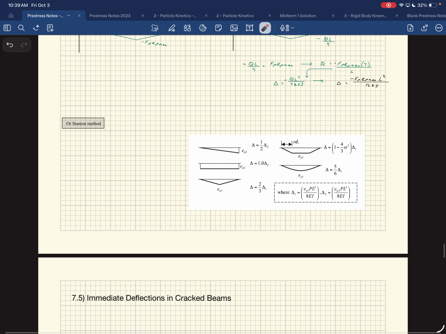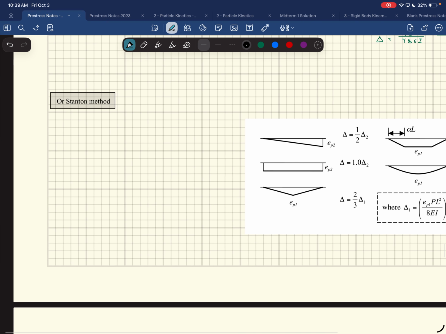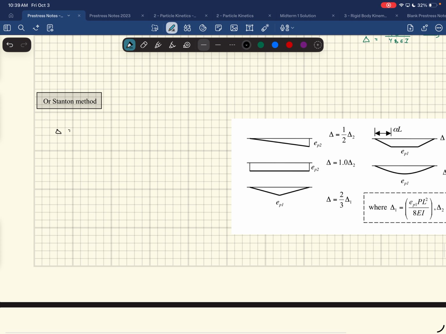So in our situation from up above, we have this case, where delta is equal to 2/3 delta 1, right? Delta 1 is equal to FP EP L squared all over 8 EI. The P that they have down there is the same as what we're calling FP.